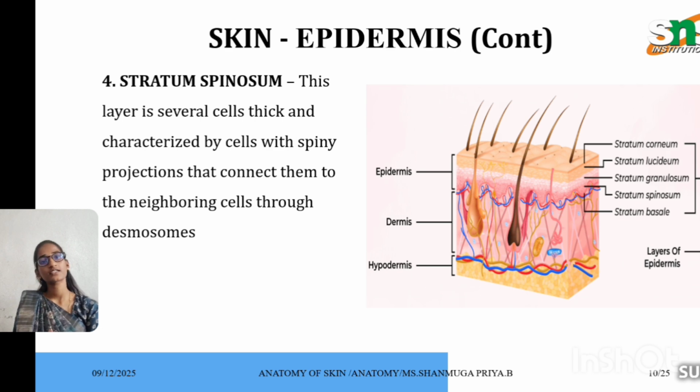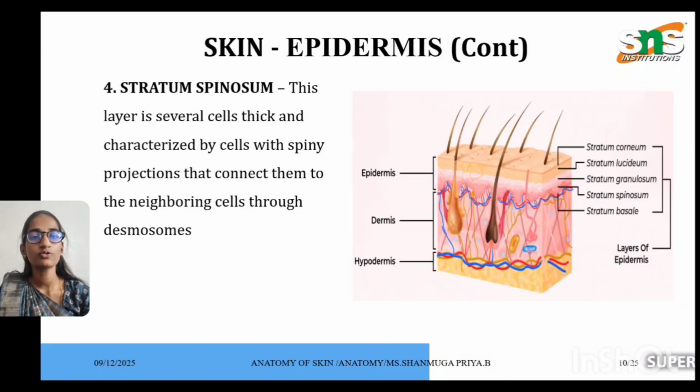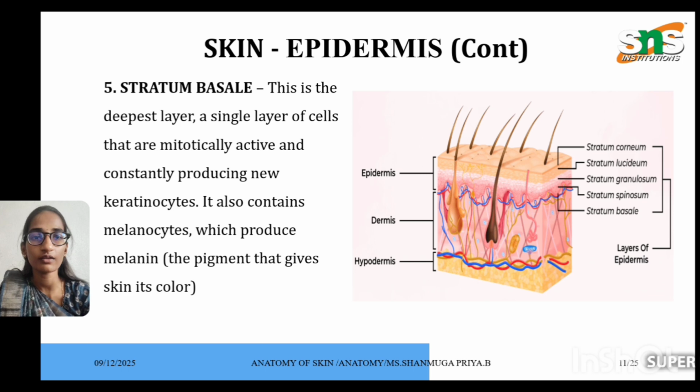This layer is several cells thick and characterized by cells with spiny projections that connect them to the neighboring cells through desmosomes. Usually the desmosomes are known as cell junctions which connect the cells by intermediate filaments.